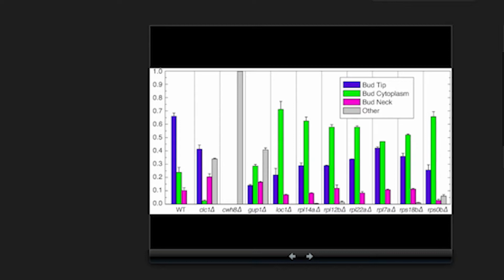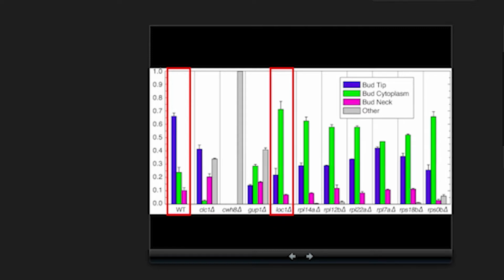In the wild type, you see the distribution is blue the highest, green the middle, purple the lowest. Now, we would anticipate that if we perturb a particular pathway, this pattern will get shifted. So in this cell, you see here, when we delete a particular gene, the pattern gets shifted.